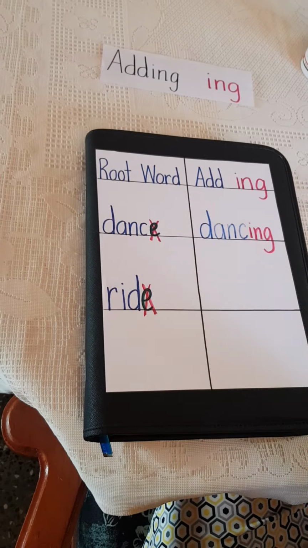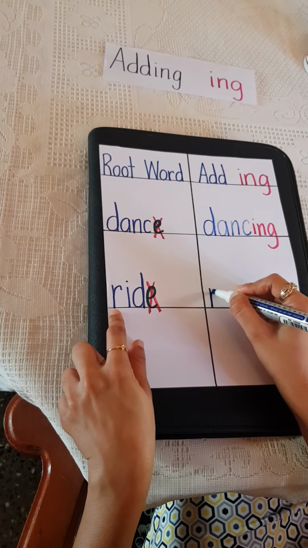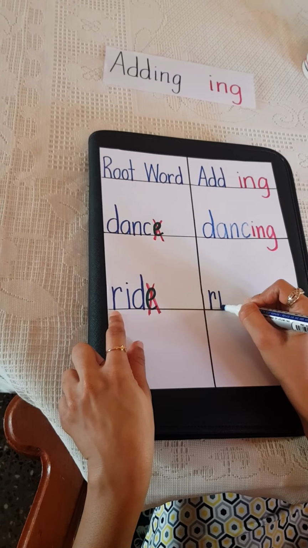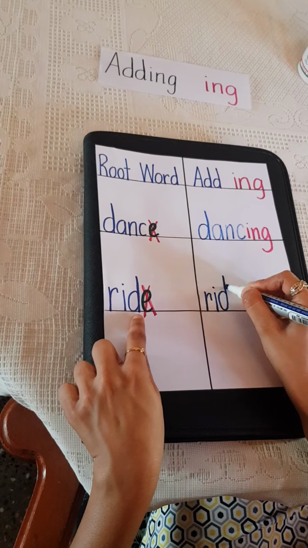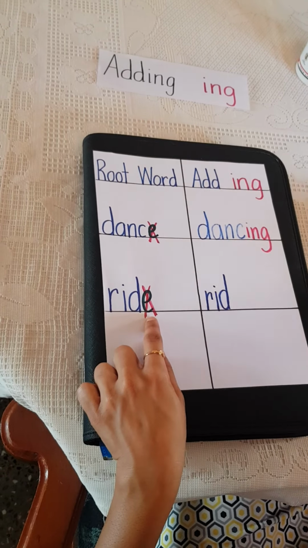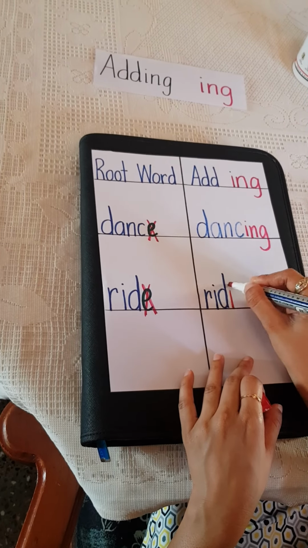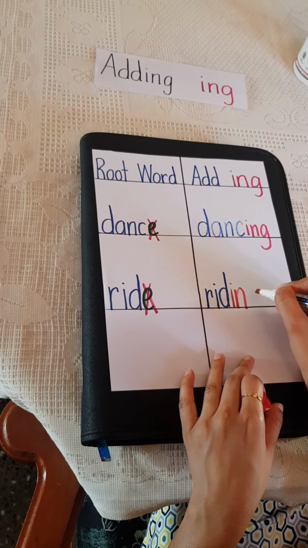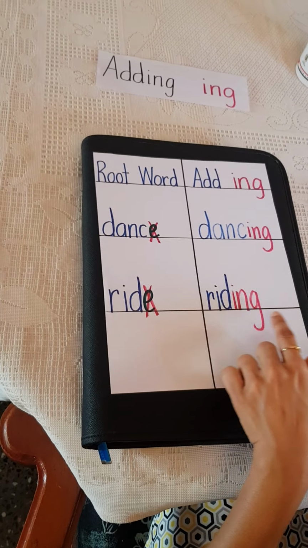So let's write the new word. So we're going to put back the letter R. I will put back the letter I. I will put the letter D. Am I going to write the E? No, we crossed it off. So here I am going to add the letters I, N, G. What's my new word?